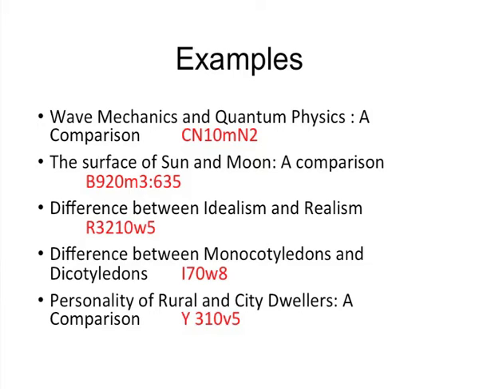Similarly, another example, personality of rural and city dwellers, a comparison, it becomes Y 310 V 5. So, 31 is for the rural folk and 35 is for the city folk, and you need not repeat 3, because you are talking of an intrafacet relation.